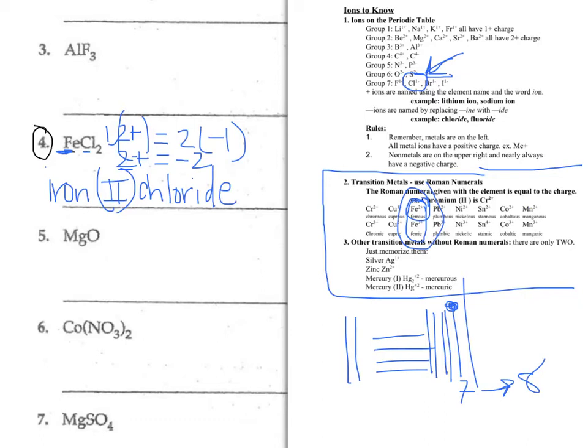If you want to use the -ous/-ic method, it would be ferrous chloride. Now, I prefer you use the stock, which is the Roman numerals.